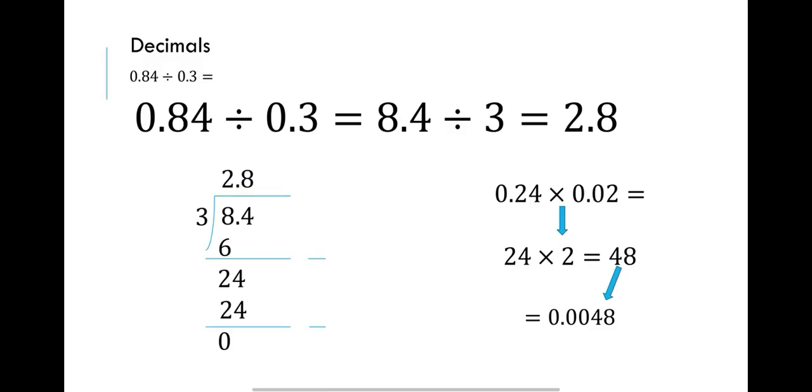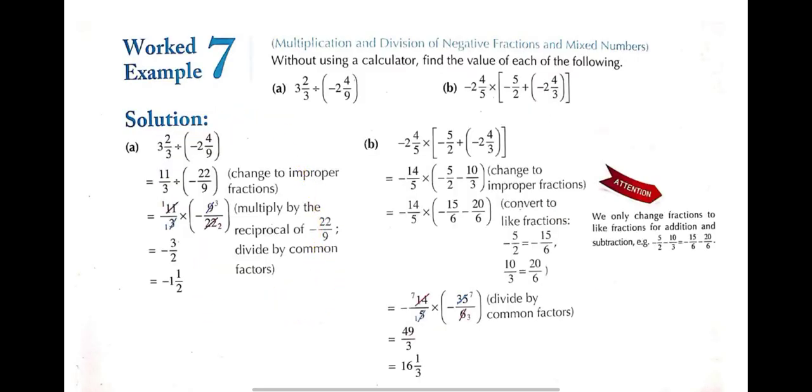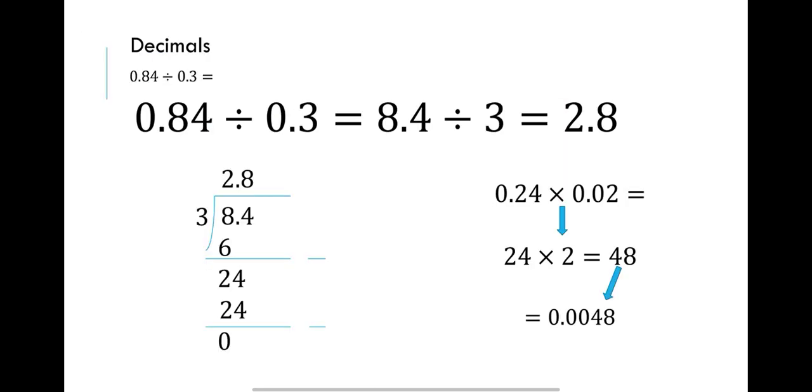So you can do the division right away. Imagine 84 divided by 3 is 28, then 8.4 divided by 3 will be 2.8. You just put the dot there once you are done with the division.